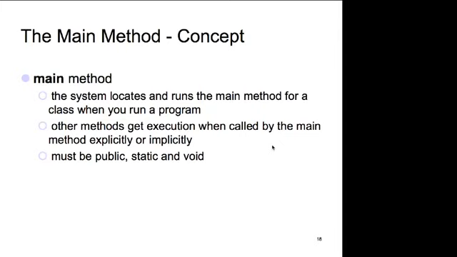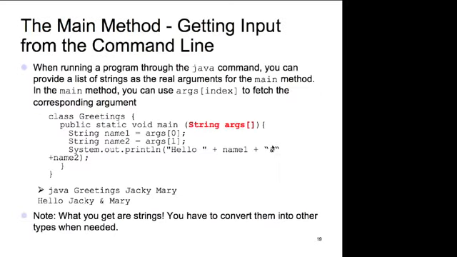The only method that gets executed when you run the program is main, explicitly or implicitly. It must be public for obvious reasons. Static or void. I'll talk about static or void later on. Well, actually, void is nothing. It doesn't return anything. Another note, actually: most of your methods can return a value or they could not.